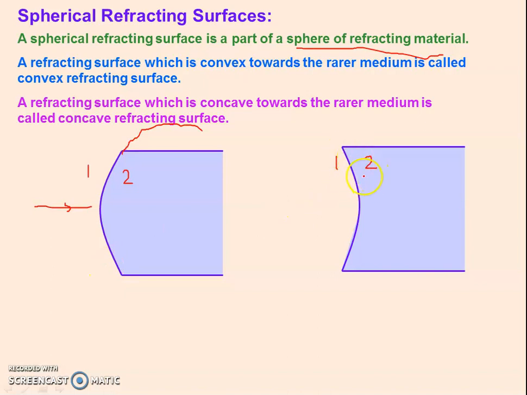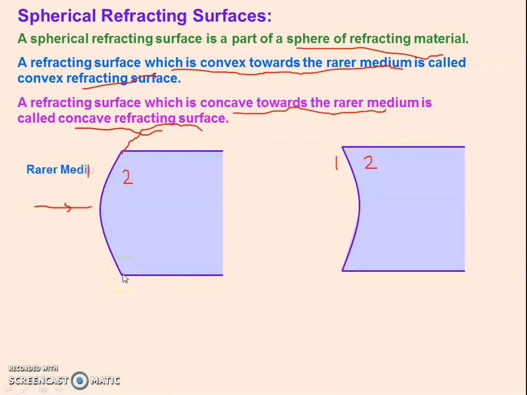Similarly, in this diagram, this is the refracting surface, and when we draw the sphere, it will appear as part of that sphere. The refracting surface which is convex towards the rarer medium is called a convex refracting surface.